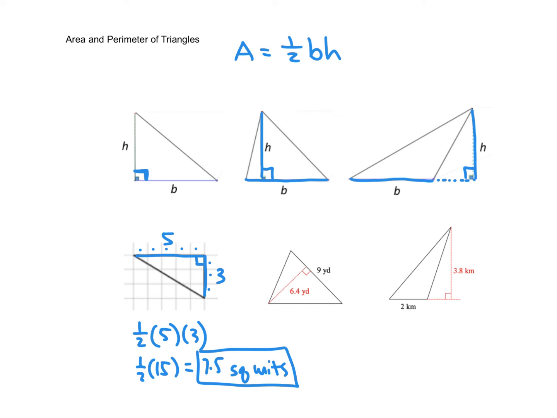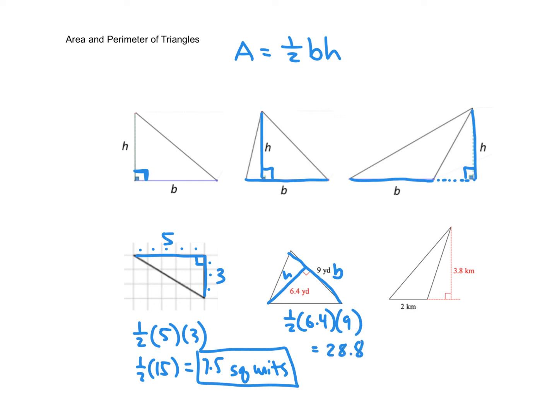And for the next one, the height's inside the triangle, and the base would be that 9 yards. And so I do 1/2 times 6.4 times 9, and I get 28.8.